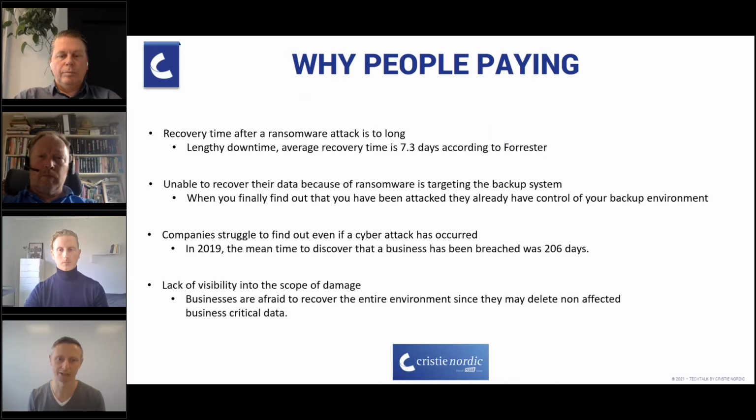But they were afraid they were actually restoring business critical data, and they couldn't take the risk of losing that kind of data, because it was financial data or whatever. And this is really important: when you're restoring data from a ransomware attack, make sure you can see what the ransomware has actually encrypted, so you don't need to recover the entire server.